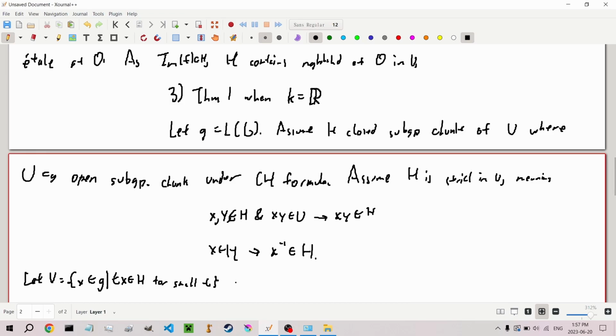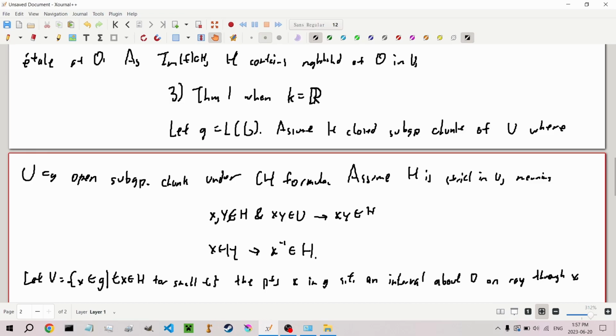This is going to be the points X in g such that an interval about 0 on the ray through X lies in H.